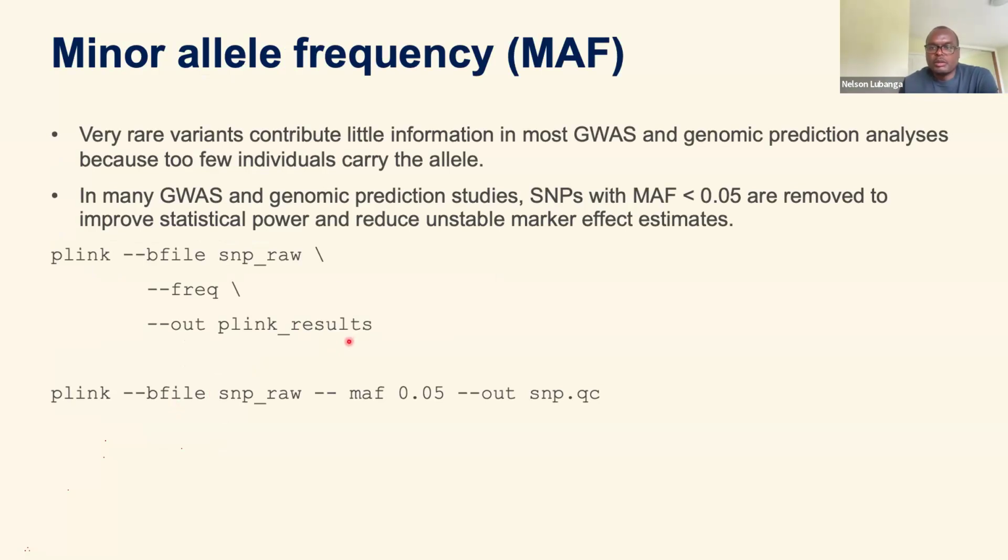So next is minor allele frequency. This is simply the frequency of the rarer of the two alleles at a SNP. Very rare alleles carry little information in most GWAS and genomic prediction studies, for the simple reason that too few individuals actually carry the allele.